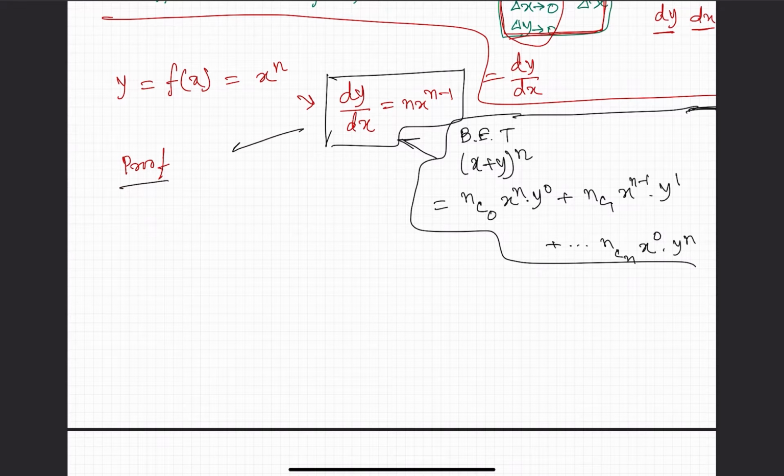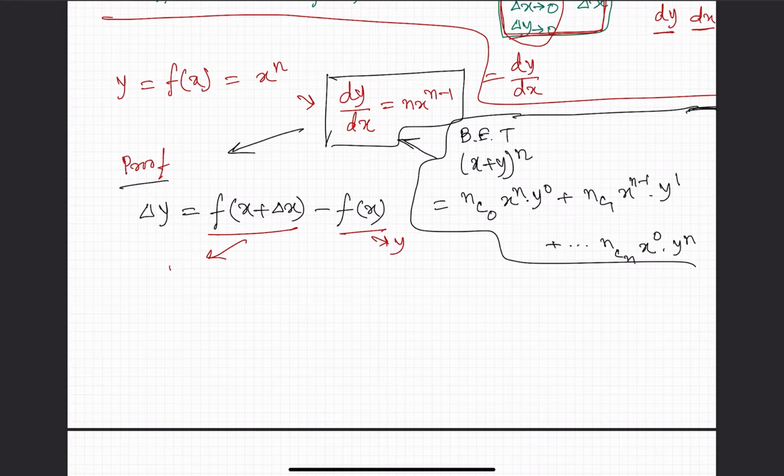The proof of this one we can say like this. So dy dx would be, we can write that del y is equal to f of x plus del x minus f of x, because f of x is y and this is obviously y plus del y.